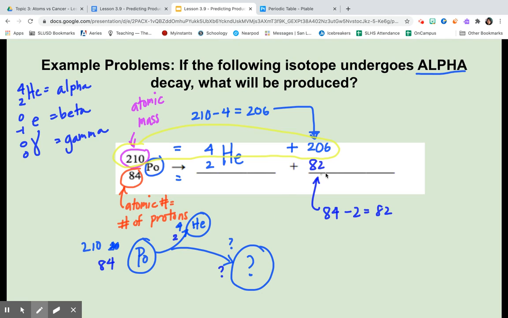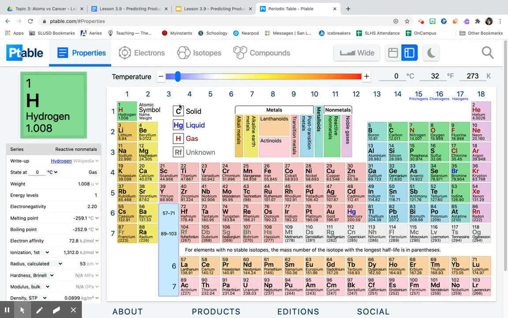So now I know the atomic number and I have the mass, but how do I figure out the element symbol of this? Well, I'm going to have to use my periodic table or ptable.com. So if I have 82 protons, using my periodic table, remember my elements go in order left to right from top row to bottom row. And this number up top is our atomic number or number of protons on the periodic table, because here we're talking about elements, not isotopes.